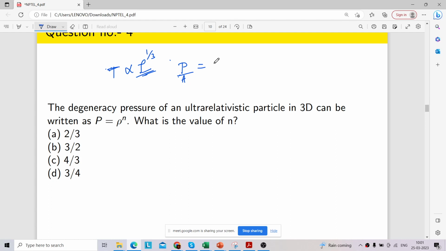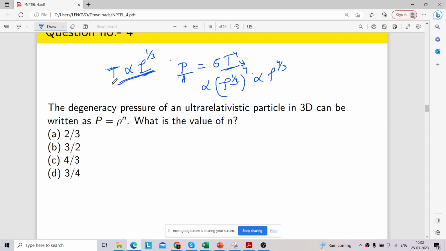This is, according to Stefan-Boltzmann law, sigma T to the power 4. Then I can substitute for T here. It's not equal to, but I don't know the relation between T and rho now, so this P over A will be proportional to rho to the power 1 over 3 to the power 4, so it will be proportional to rho to the power 4 over 3.